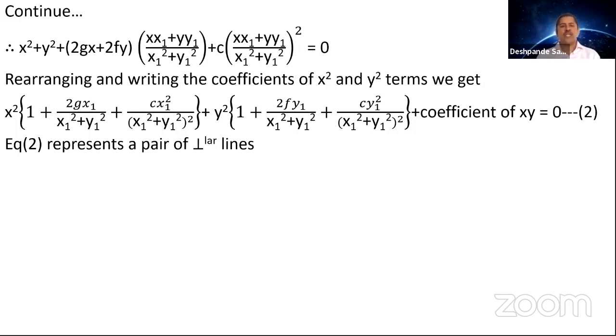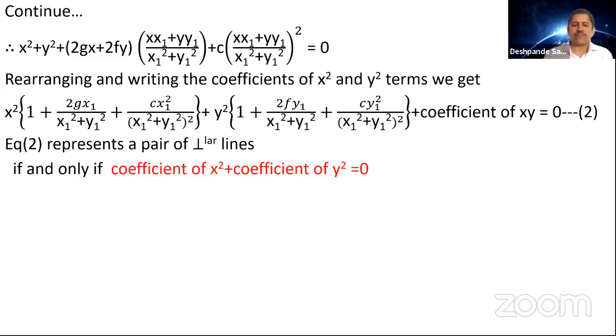The homogeneous equation you got represents a pair of perpendicular lines. So when can you say it is a pair of perpendicular lines? When the coefficient of x square plus the coefficient of y square is 0. So remember it as a plus b is equal to 0.